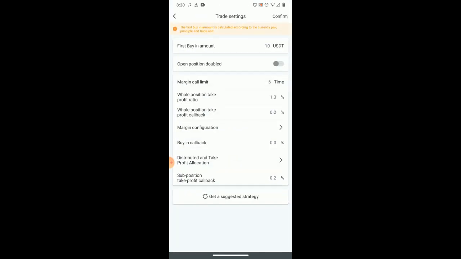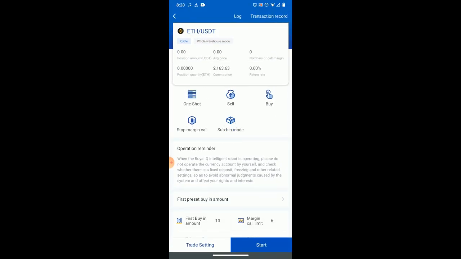That is that. I put this to be 10. I check the gain, correct. I click confirm. The trade is executed. No, I have to click on start for it to be executed. Now, I want you to take a look at this place. You remember I have USDT in my Binance.